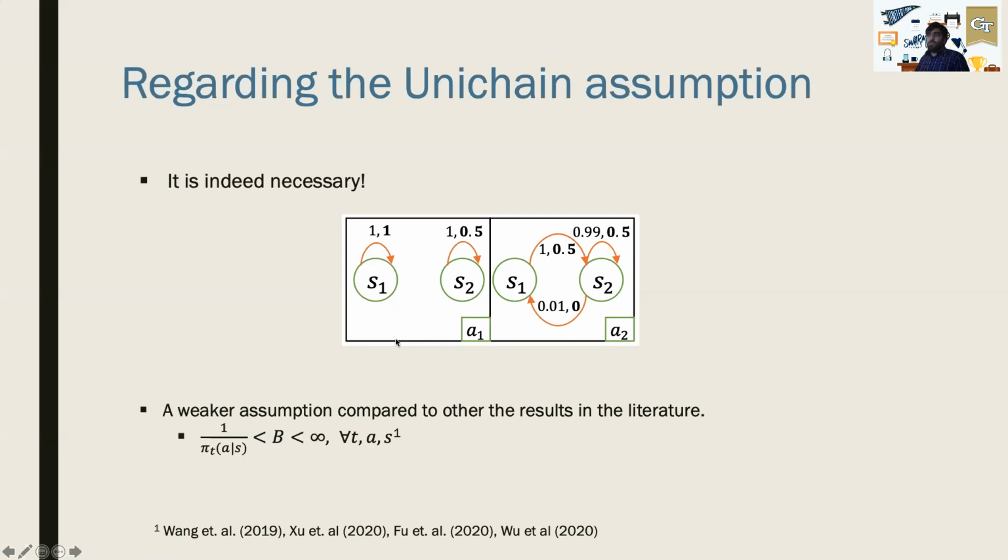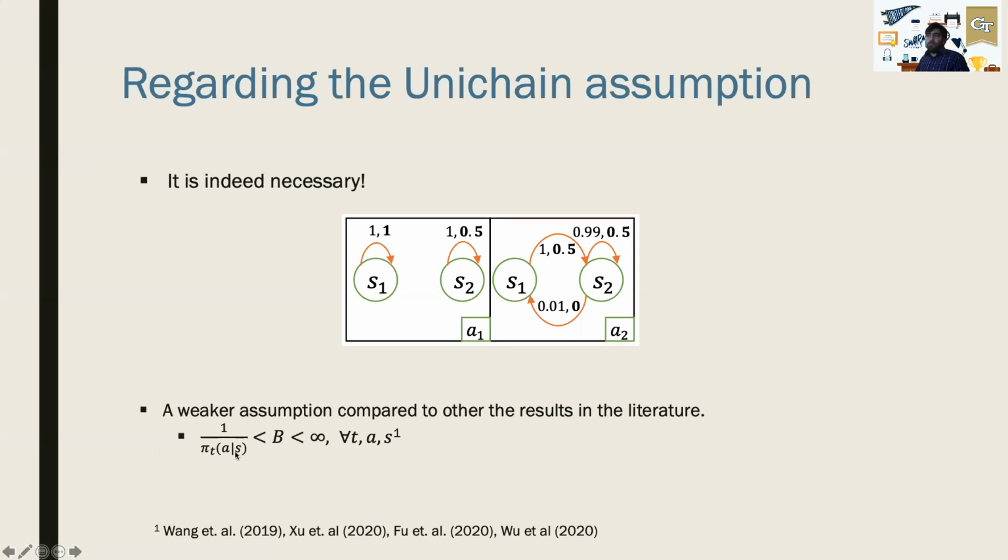Compared to the other works, our main contribution here is that we are getting rid of the assumption they are making. One of the assumptions they have is that they assume 1 over pi t, for all the t's, actions and states, is bounded with some constant b. However, we know that this assumption cannot be satisfied in reality, or at least a lot of the time it cannot be satisfied, because this pi t might converge to 0, and this 1 over pi t can blow up to infinity.